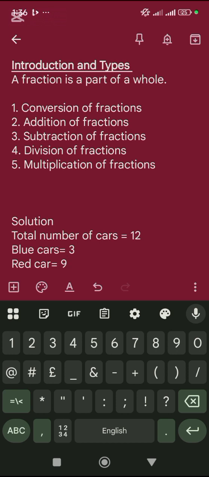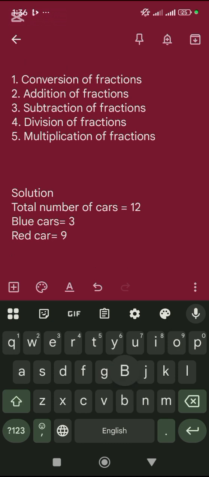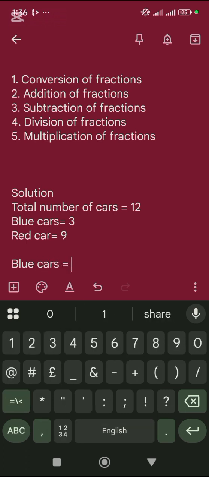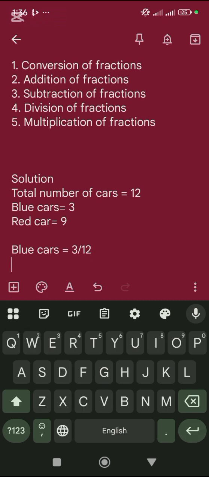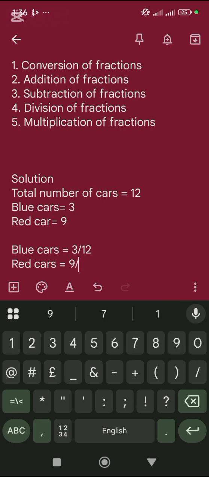So it means that the red cars are 9. Okay, so what is the fraction of blue cars? The blue cars fraction equals 3, because they say 3, and that will be divided by 12. And the red cars will now equal 9 over 12. And so these are now represented in fractions.